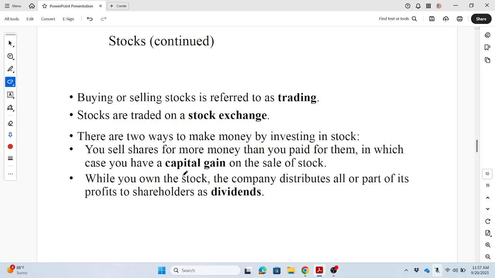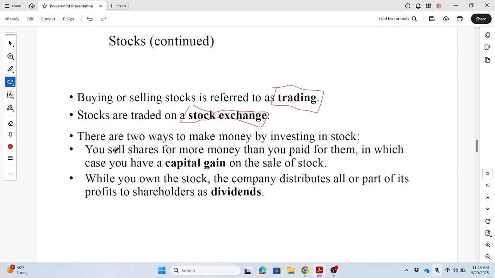You can buy or sell the stock. That process is called trading. You can trade, buying or selling stock, in a stock exchange. There are different types of stock exchange. In the USA, there is the New York Stock Exchange and the NASDAQ. A stock exchange is a place where you can buy and sell stock.